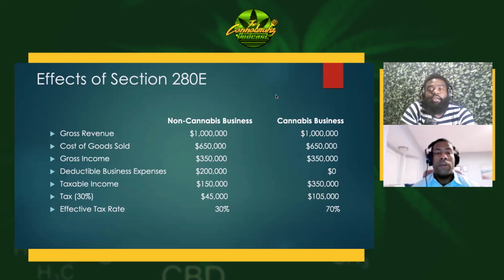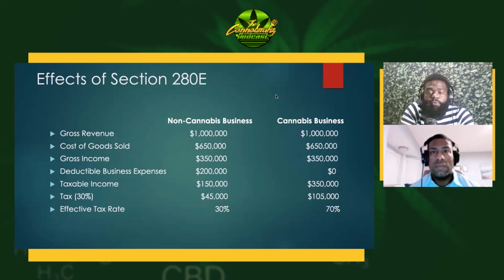Now take a cannabis business. Let's say you started a cannabis business that also made $1 million in gross revenue, and their cost of goods sold equaled the same amount of $650,000. So the same numbers, and the gross income is the same, $350,000.